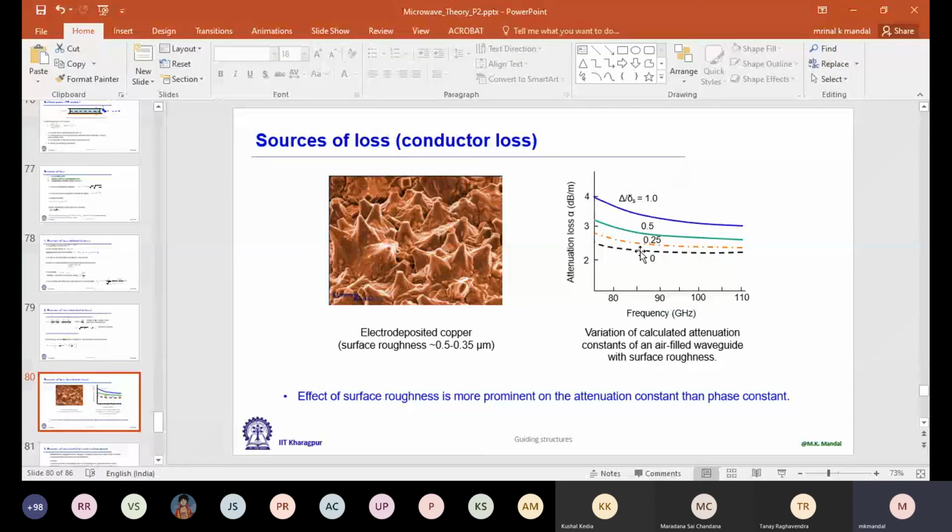If capital delta is comparable to delta S, then the alpha value increases by 2 times. That's why at higher frequencies, loss is much higher. Don't be confused: one part is due to reduced skin depth and increased surface resistance. In addition to that, we have another parameter which is coming because of the surface roughness.